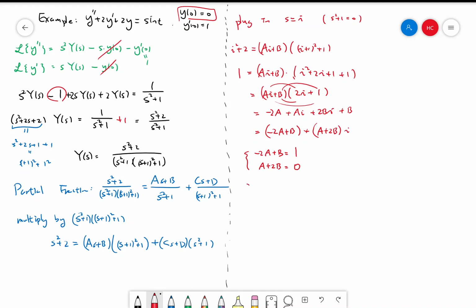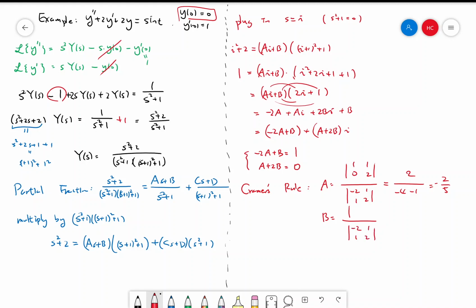So a is equal to the determinant of the coefficients in the denominator and replacing the first column by the constant part. So it's 1, 0, 1, 2. This is equal to 2 over negative 4 minus 1, so it's 5. So it's negative 2/5. And b is equal to, the denominator is the same thing.